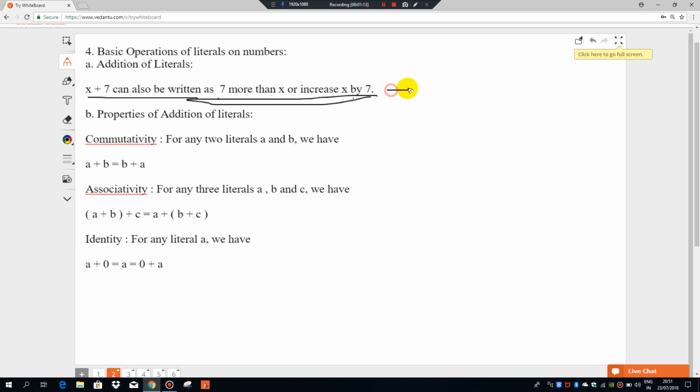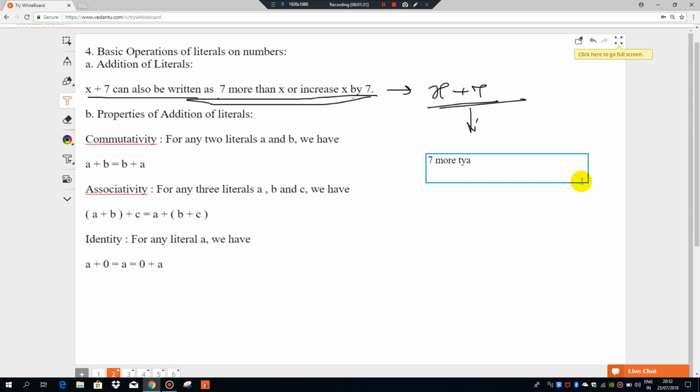This statement means x plus 7 can be read as 7 more than x or x increased by 7.